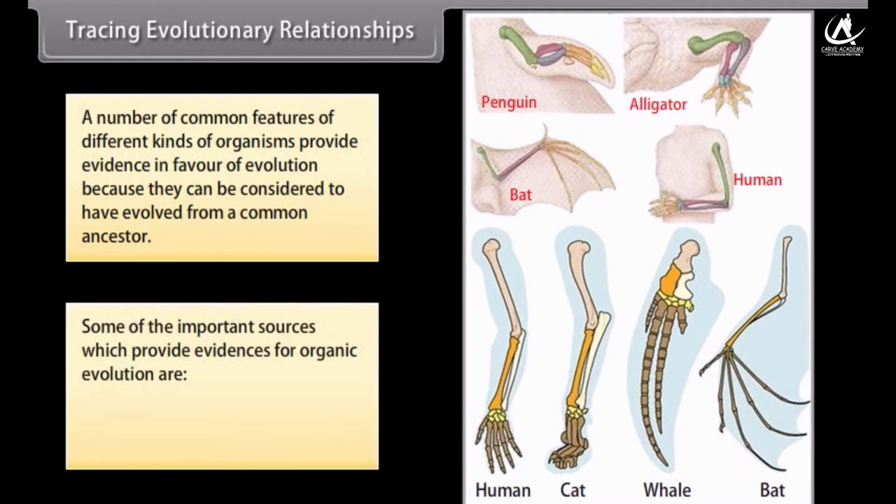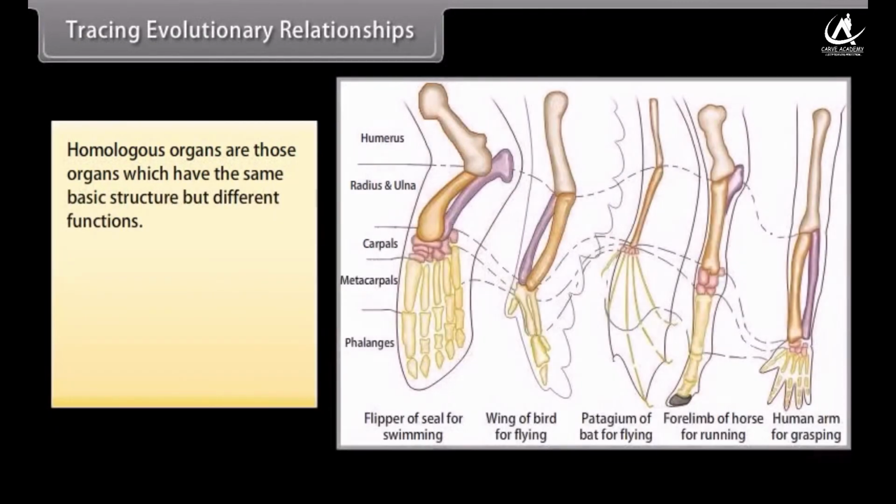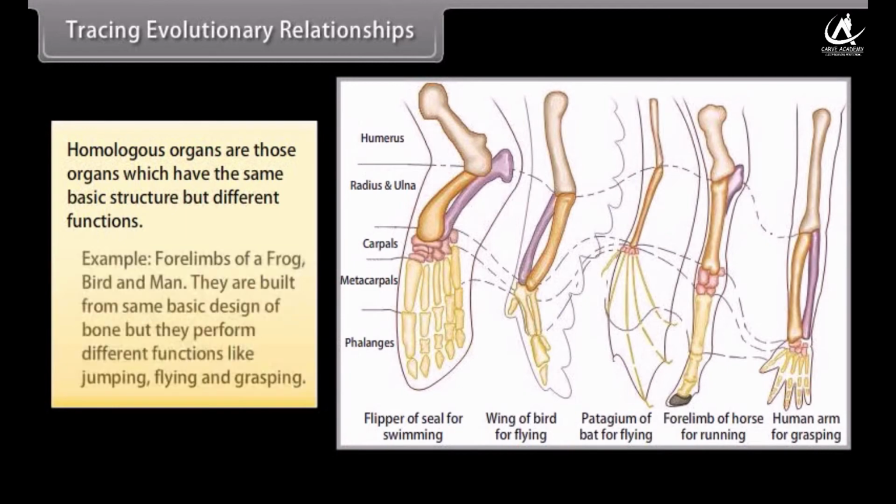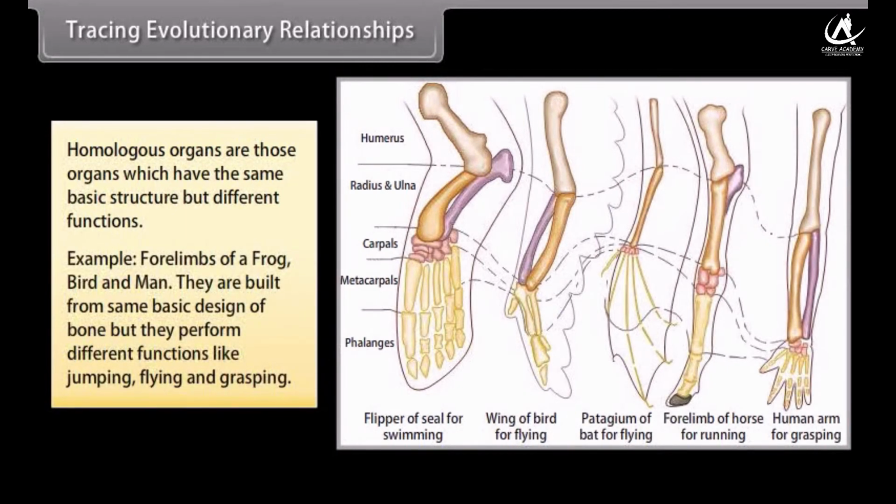Some of the important sources which provide evidences for organic evolution are homologous organs and analogous organs. Homologous organs are those organs which have the same basic structure but different functions. Example, forelimbs of a frog, bird, and man.